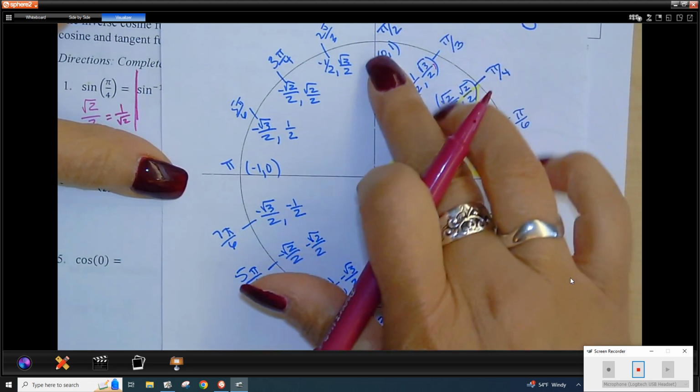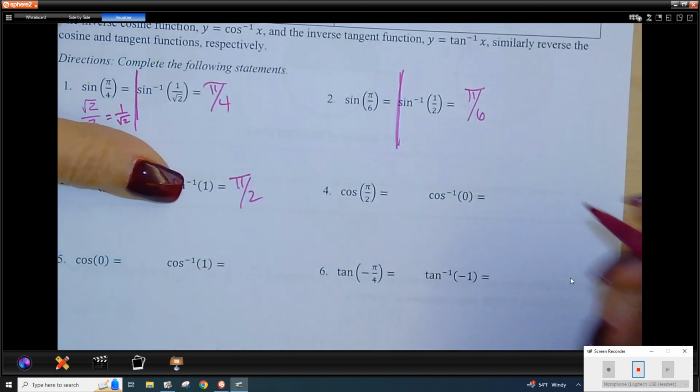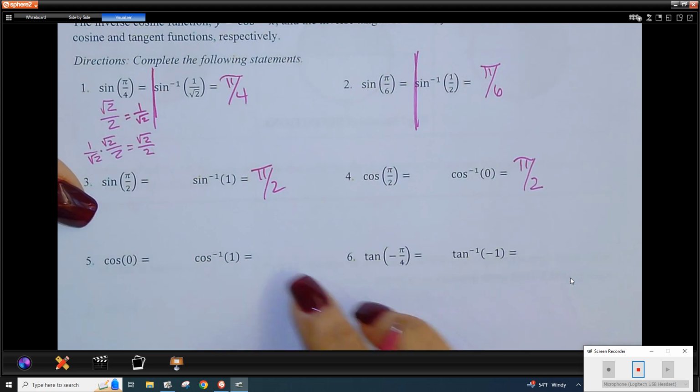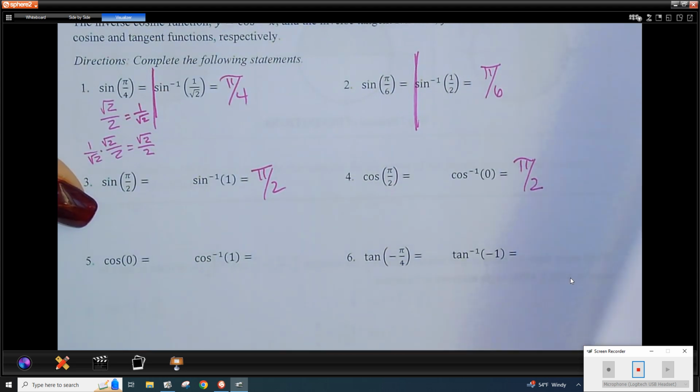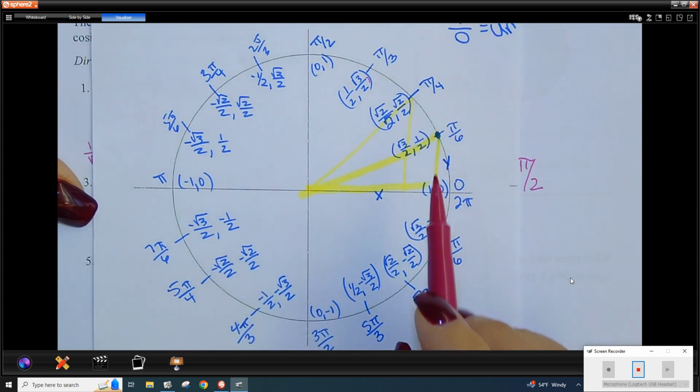So your x value is 0, it's this one and this one. And usually I say the first one you run into, so pi over 2. Here is 1. So where's the first one that your x is 1? It's right there, and that's the only one. So it is 0.